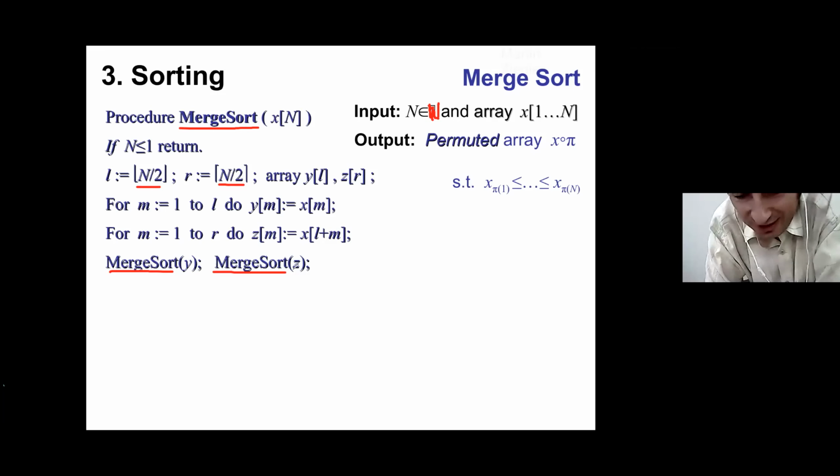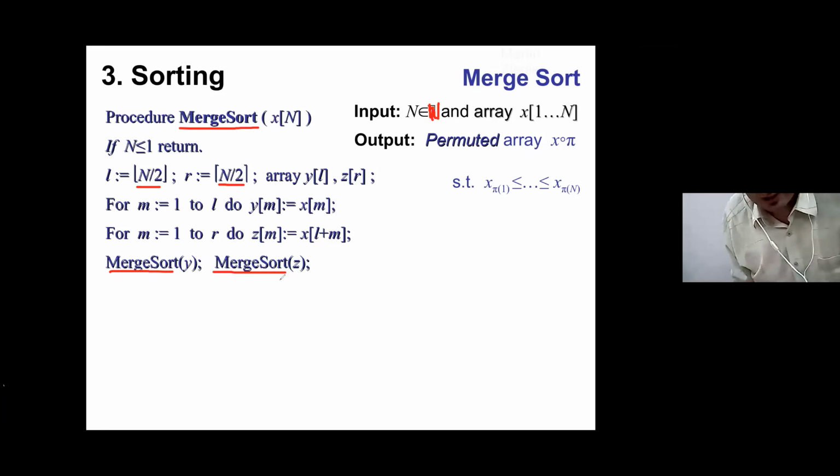Now the problem is, of course, I do not know whether all the elements in y are less than or equal to all the elements in z. If they are, then it is very good because I can simply join y and z and then I have a sorted array. We'll return to this issue when we talk about the quicksort.